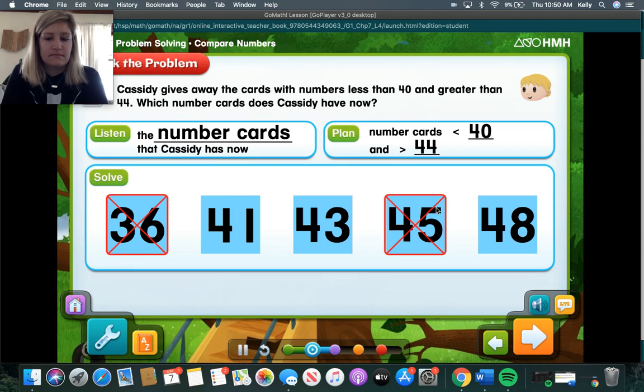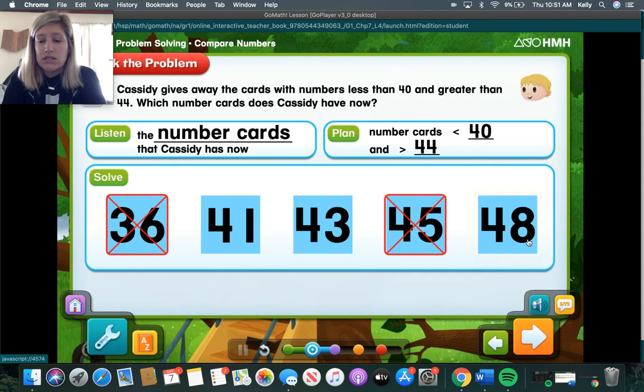Is 48 greater than 44? Lastly, we're going to compare the same way. Let's look at the 4s, which are the first digit in both of these numbers. So those are the same. We know that they both have 4 groups of 10. Now, we know there's 4 ones in 44. How many ones are in 48?